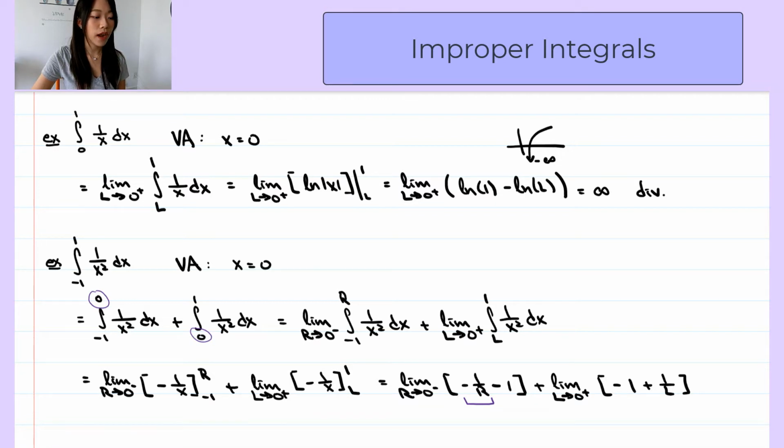With the negative in front, this term is positive infinity. And this term, we have 1 over a very small positive value, so this term is also positive infinity. So we have infinity plus infinity minus 2. Then the minus 2 is negligible, so this limit equals infinity. So again, this integral diverges.